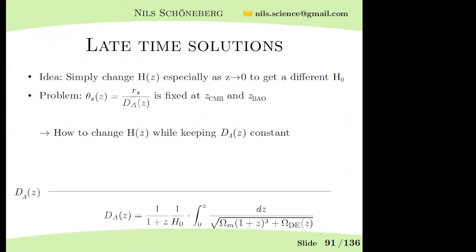So basically, this is the formula for the angular diameter distance, where I've put the explicit expression of H(z). When you increase H0, you scale this dA up all the same. But then let's say you slightly decrease the dark energy, though I have to be honest, this would also be phantom dark energy, so it's not very easy to do.